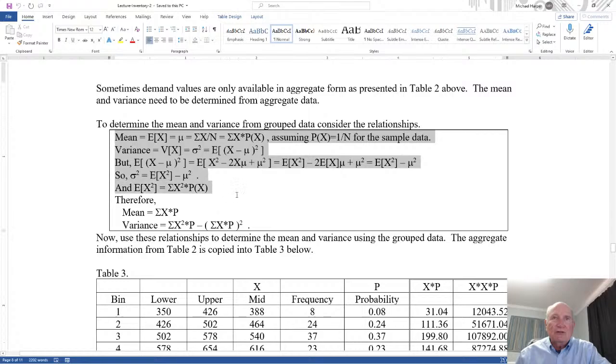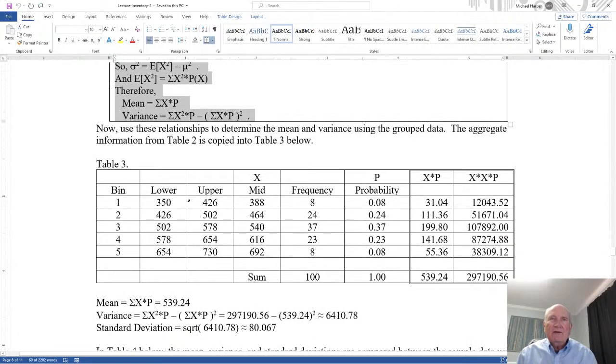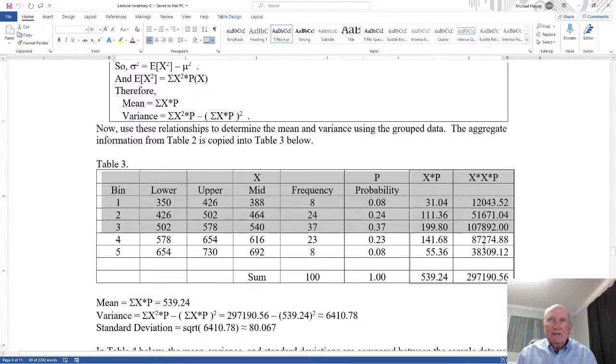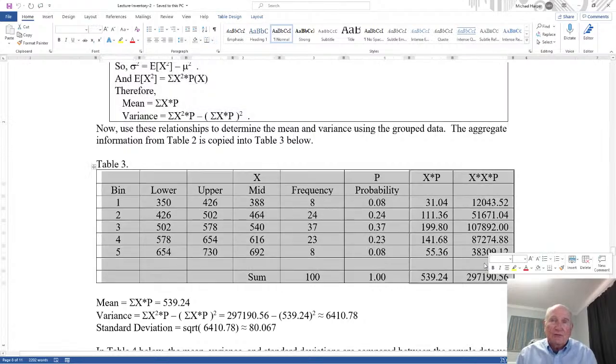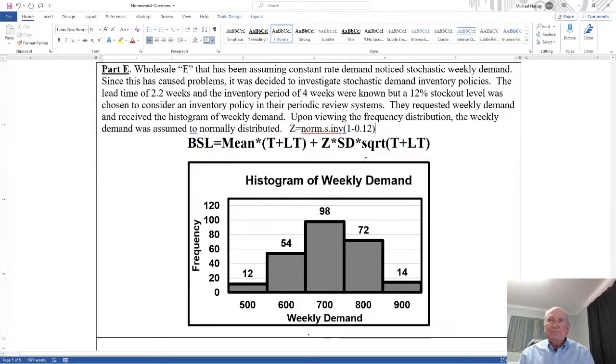This right here determines how to do it. And then down here, I illustrate it. I think I also illustrate it in the lecture video. But now we're going to be doing it.